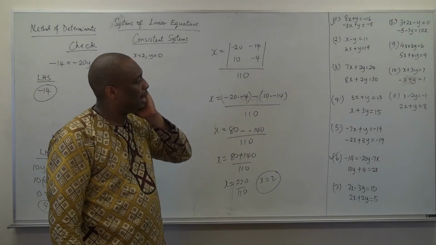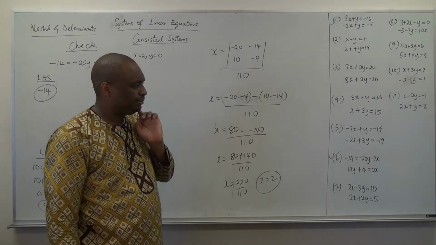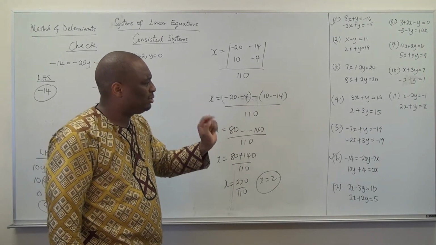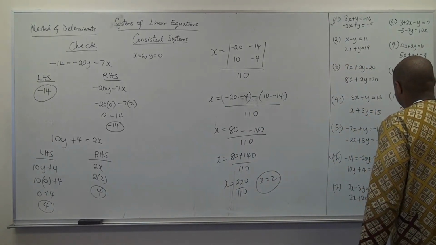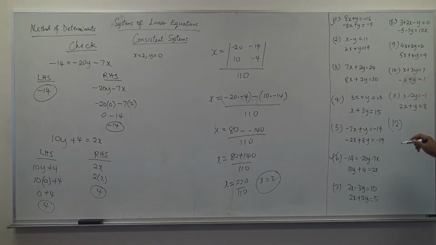Okay, I would like you to try some on your own. And I want to add another equation here. Assuming you have something like this. Let's say you have an equation like this. X plus 2y equal to negative 1.